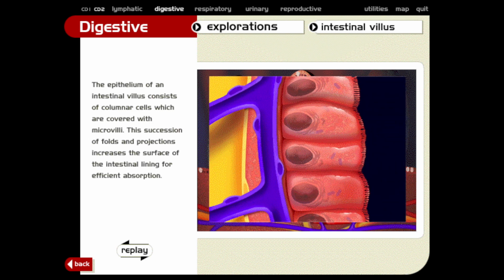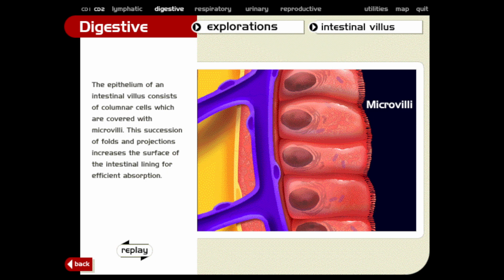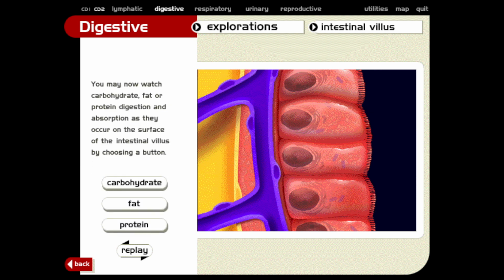The epithelium of an intestinal villus consists of columnar cells which are covered with microvilli. This succession of folds and projections increases the surface of the intestinal lining for efficient absorption. You may now watch carbohydrate, fat, or protein digestion and absorption as they occur on the surface of an intestinal villus by choosing a button.